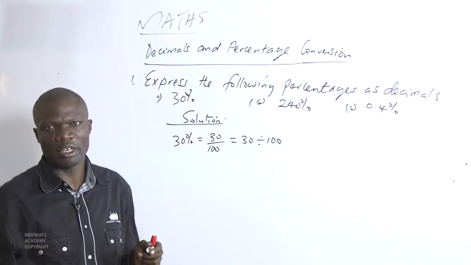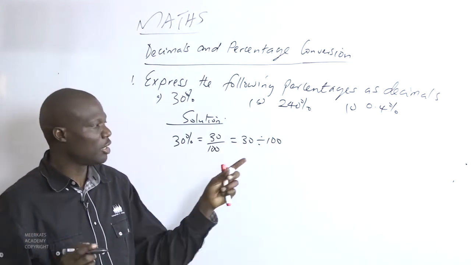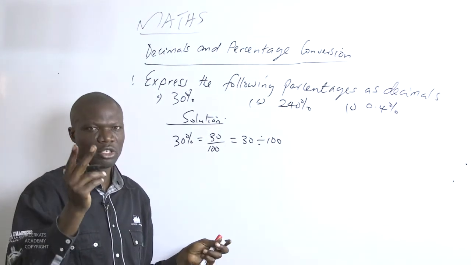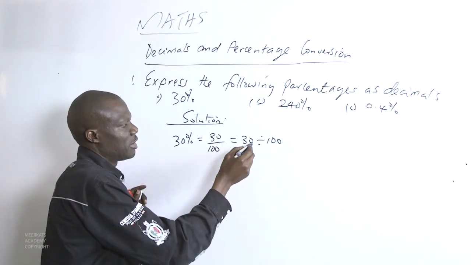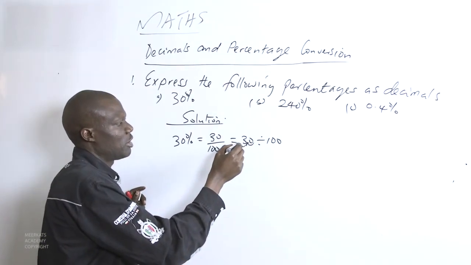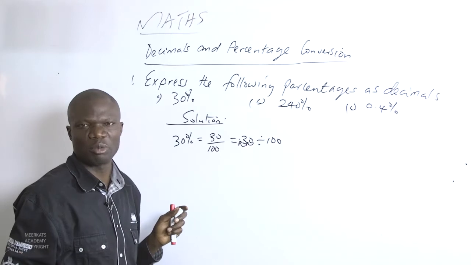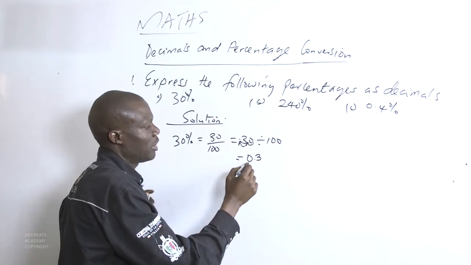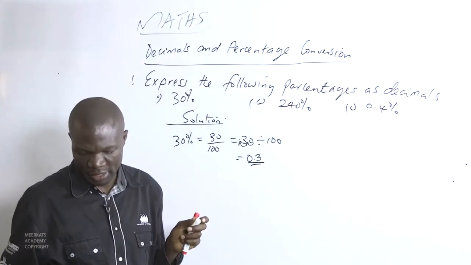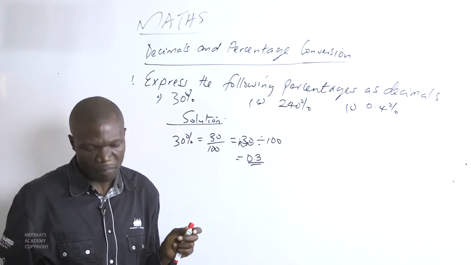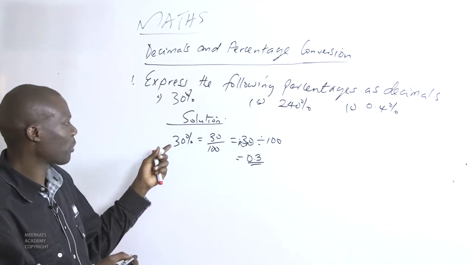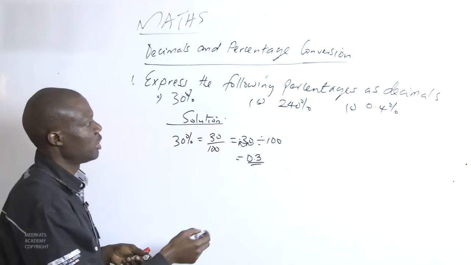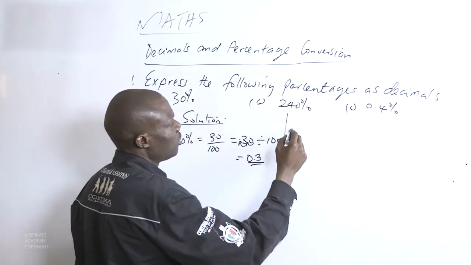We only require to move the decimal point to the left. Because it is 100, we shall move 2 spaces. This is the first one, this is the second one. So we shall have a decimal point there. So our answer becomes 0.3 as a decimal. Therefore, 30% is the same as 0.3.